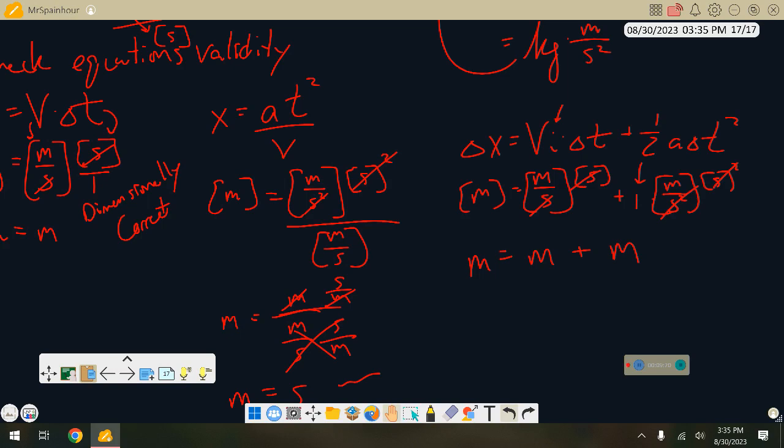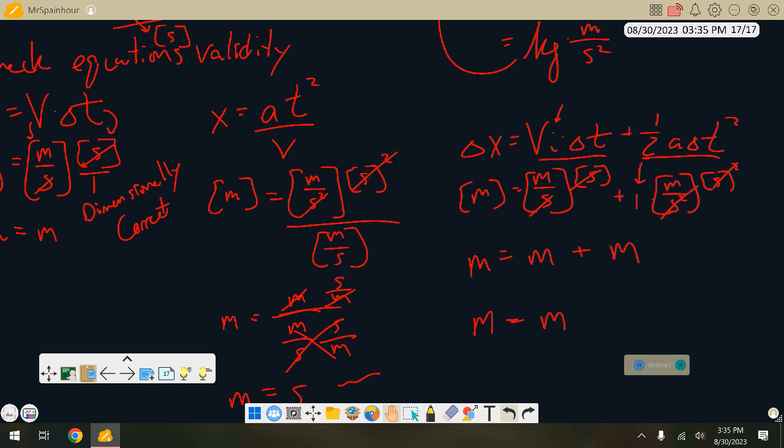If you did simplify, meters plus meters does not become 2 meters like you'd expect. And the reason why is we don't know what the numbers are here, meaning I could plug a bunch of numbers into that term and might end up with 20 meters, and I might plug the numbers into this term and end up with 40 meters. So this could be 20 plus 40 or 10 plus 5, who knows?